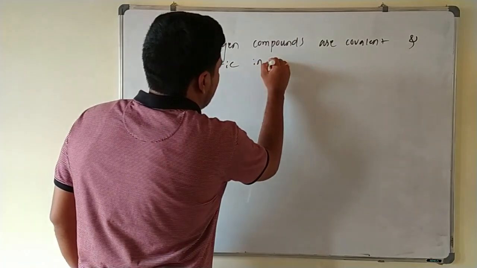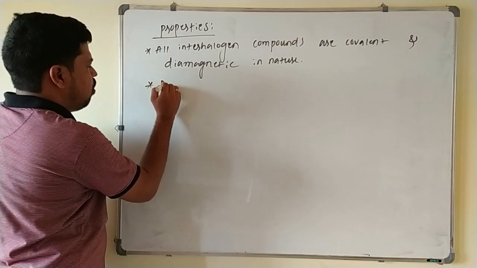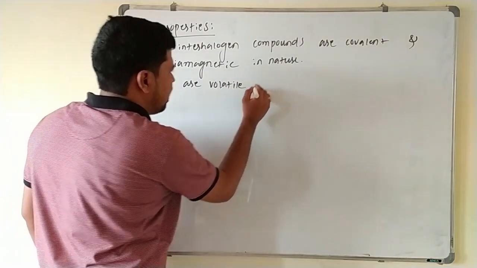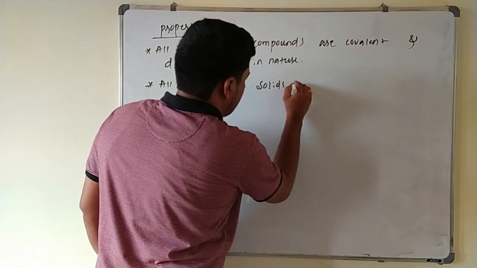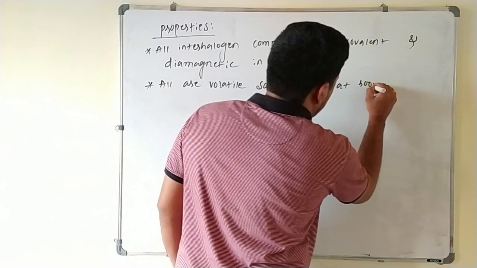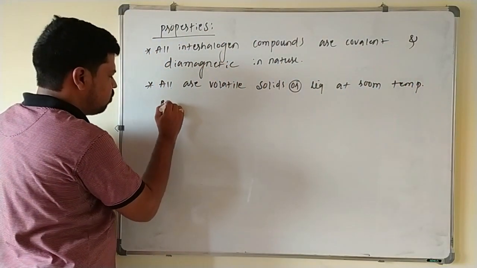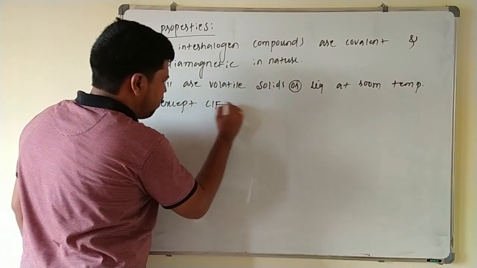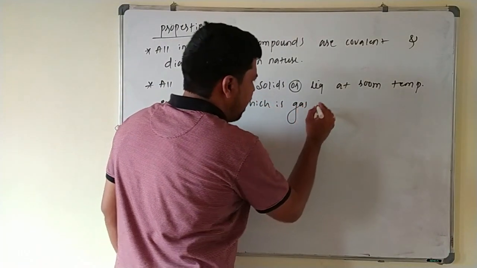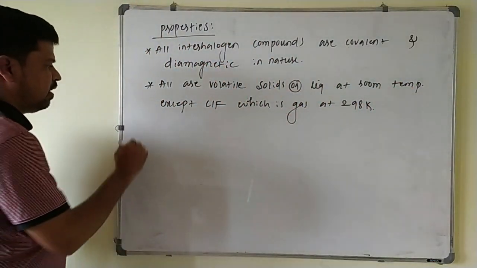All are volatile solids or liquids at room temperature, except ClF, which is a gas at 298 Kelvin.